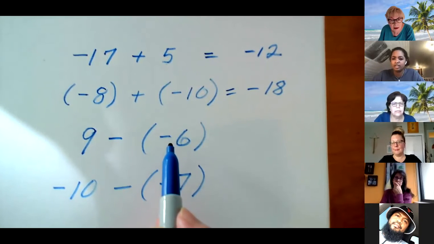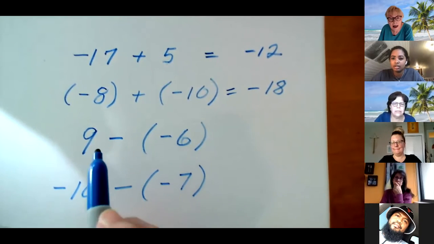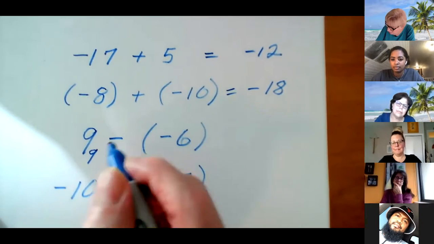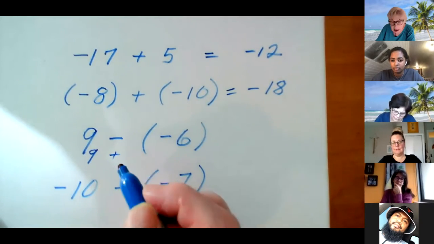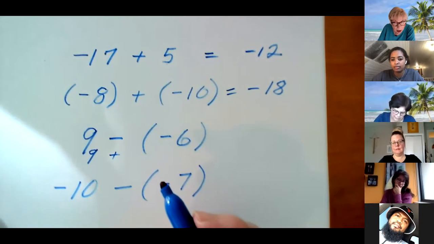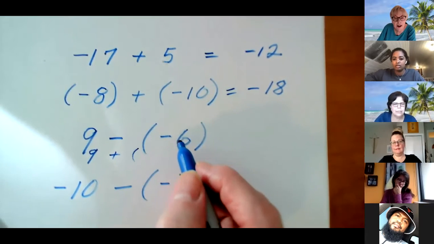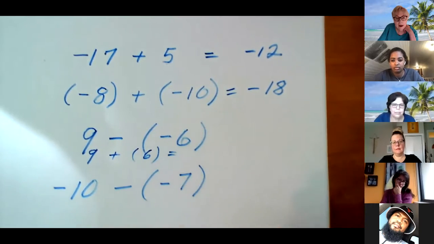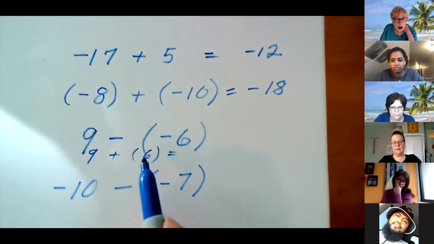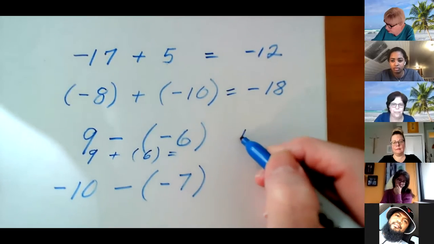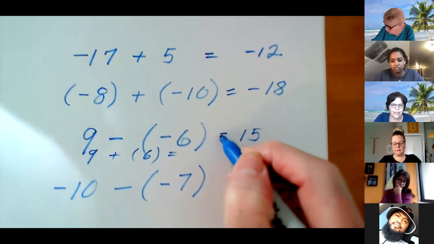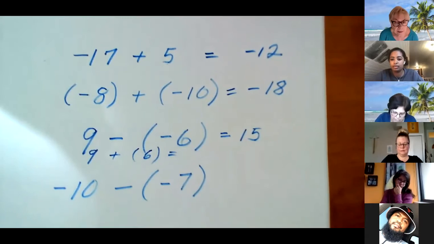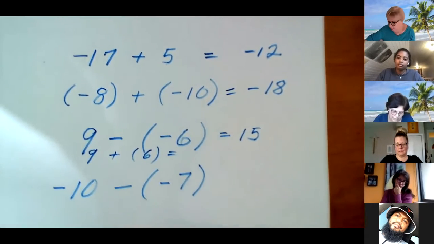Then I added. Okay, so you kept the 9 and then you made this plus, and then you've got to turn this into its opposite, which is the opposite of negative would be plus. That's the simple version of this problem. And the answer then is, I assume that's what you said, 15? Yeah. Okay. Who wants to tackle the last one?